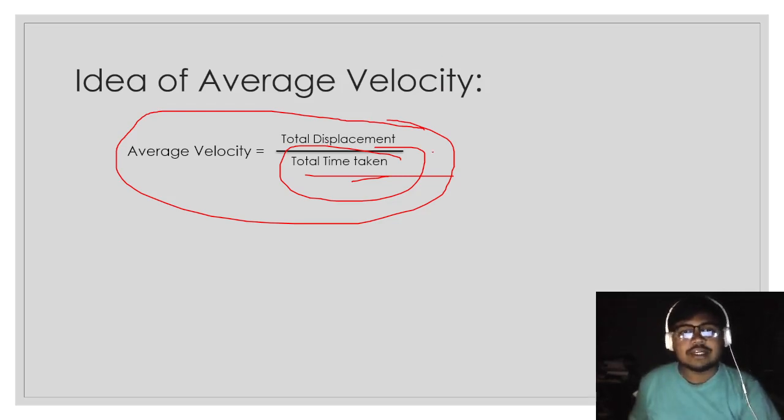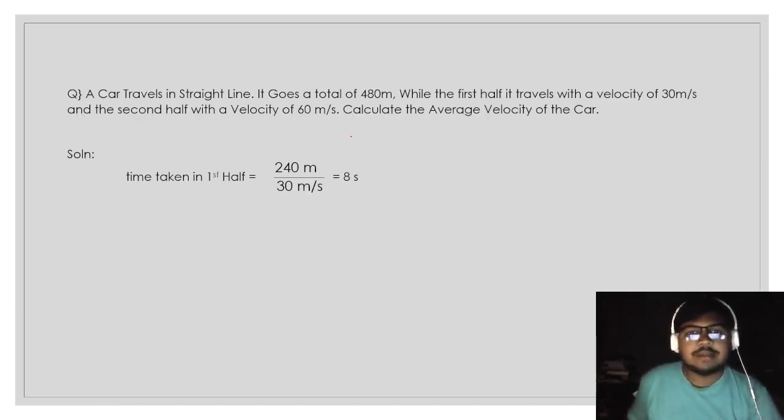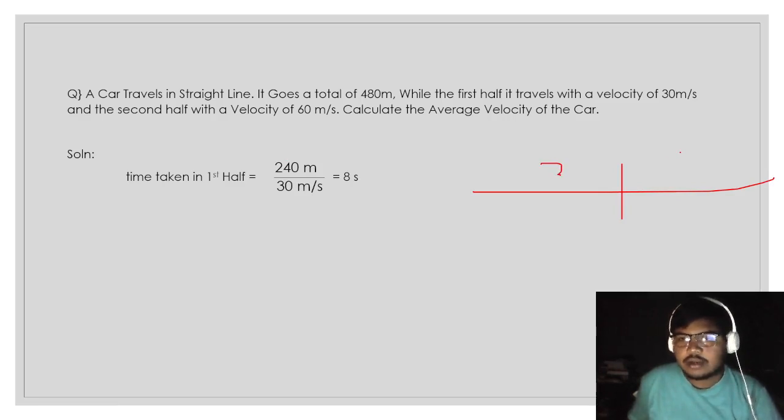It must be the total displacement and total time taken. So let's calculate the answer. It has two halves, 240 meters and 240 meters. The first half it travels with a velocity of 30 meters per second, and the second half with a velocity of 60 meters per second.